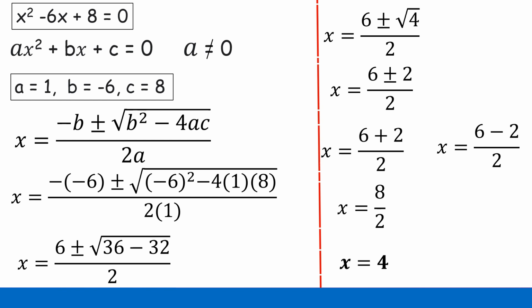Therefore, x will be 4, because 8 divided by 2 is 4. And if x is 6 minus 2 over 2, we are saying that x is equal to 4 over 2, because 6 minus 2 is 4. So you have 4 divided by 2, and therefore x will be 2, because 4 divided by 2 is 2. So this is the answer to solve the quadratic equation using the example above.